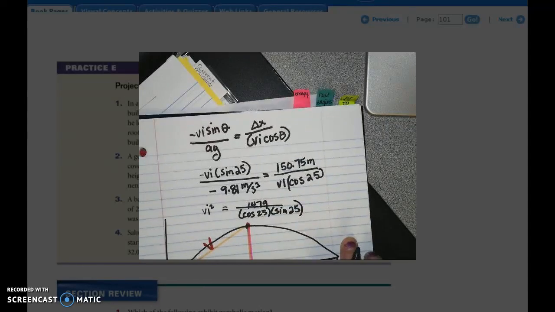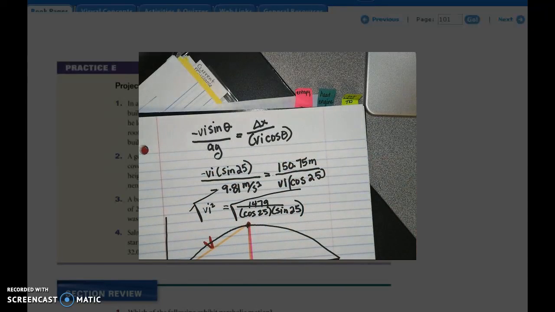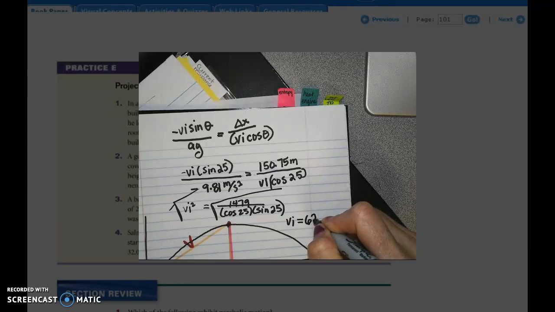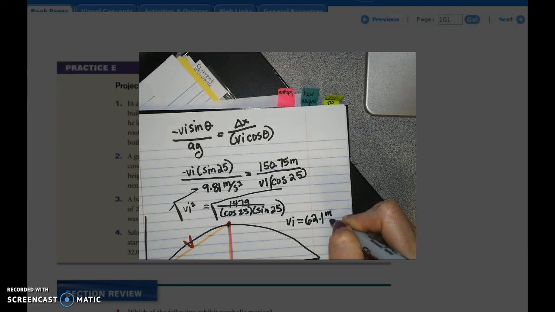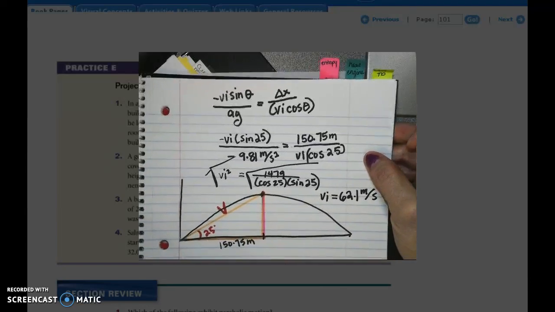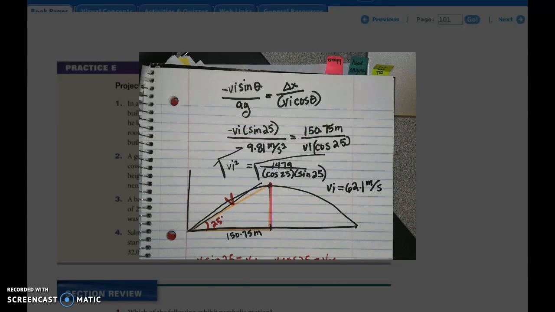Then you do that math and take the square root of both sides, and our final answer is v sub i equals 62.1 meters per second. So that's not where we end this, because that is our initial velocity, right? That's all that we have so far is the initial velocity.